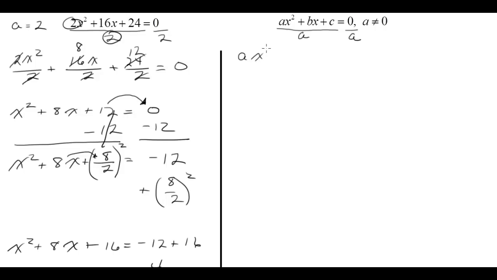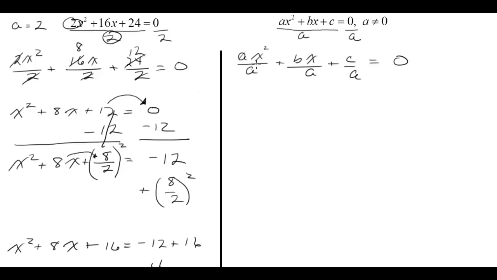I'm going to distribute the division. So I got ax squared over a plus bx over a plus c over a. And that equals 0 over a, which, like over here, is still 0. 0 divided by anything, whatever a is. And I know a isn't 0, so this is legit. It's going to be 0.